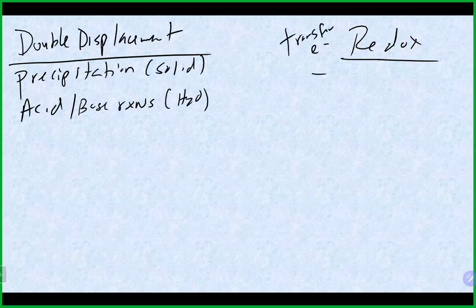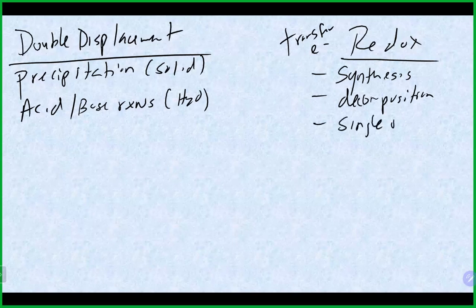we have our synthesis reaction, our decomposition reaction, our single replacement reaction, and our combustion reaction. So again, big category up on top, more specific ways you could classify those reactions at the bottom.